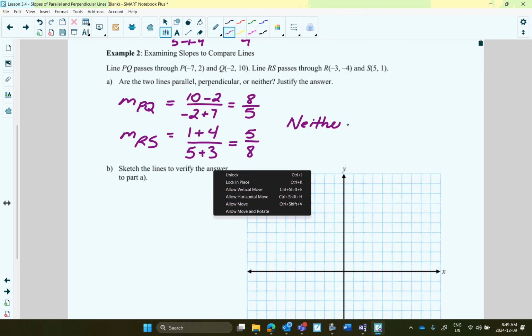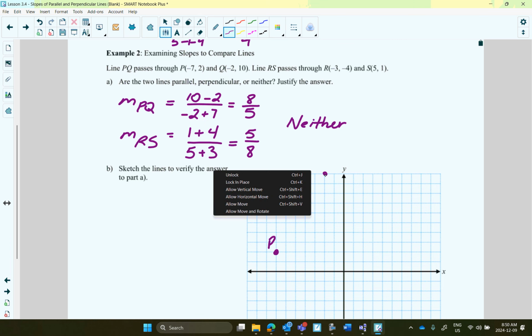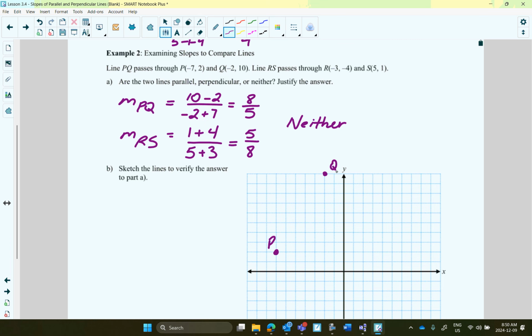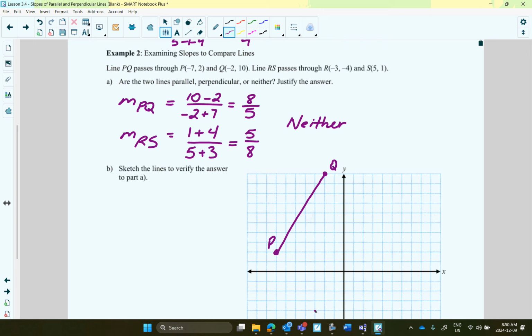And we could confirm that if we graph them. So if we did negative 7, 2 for P, negative 2, 10, 4, 6, 10 for Q, and R is negative 3, negative 4. So these are lines, not segments.